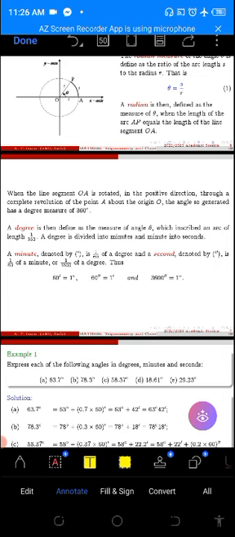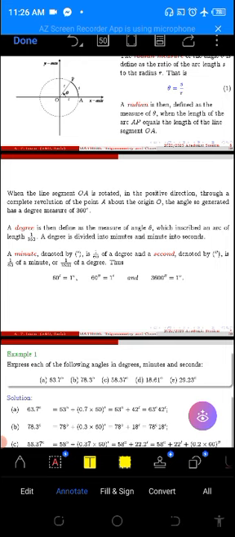A second is denoted by a number with a double prime at the top, and is 1 over 60 of a minute, that is 1 over 60 times 60 of a degree, which is 1 over 3,600 of a degree.